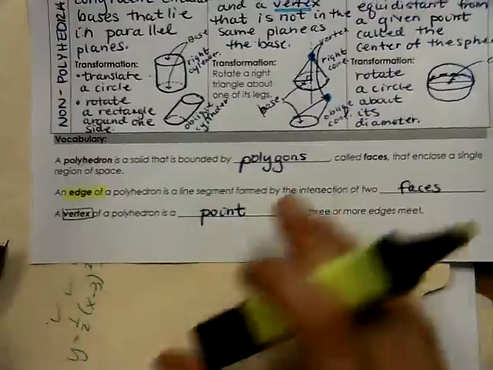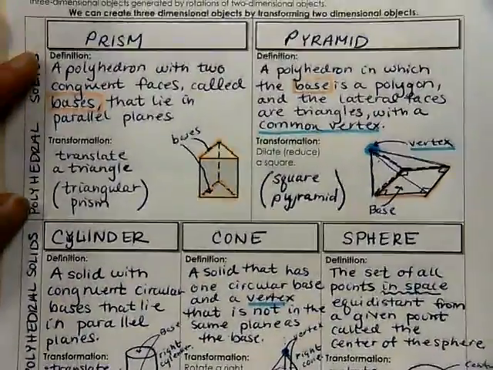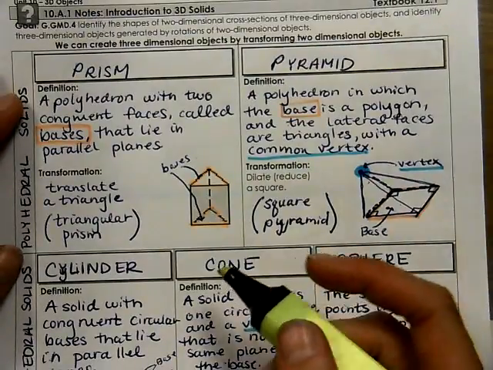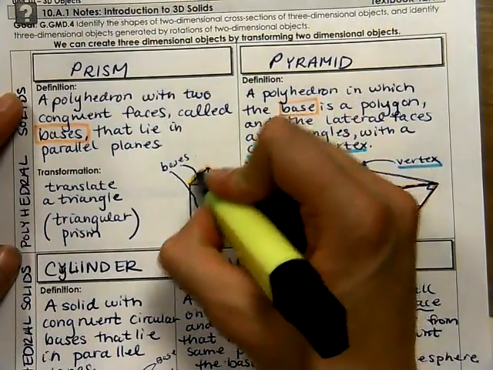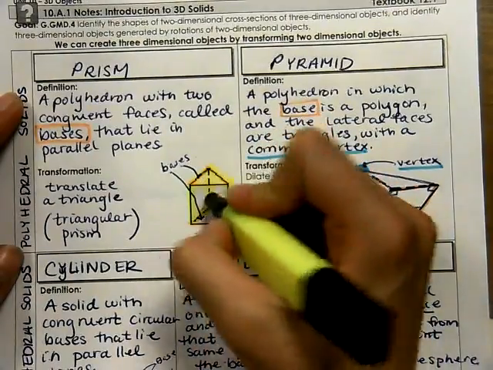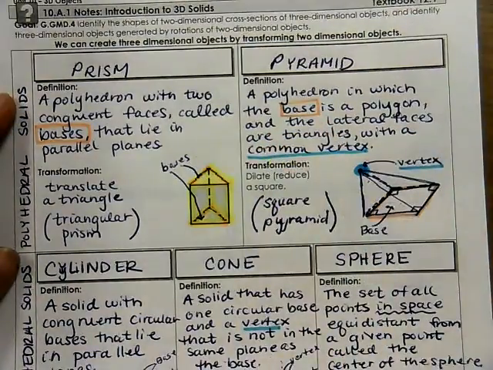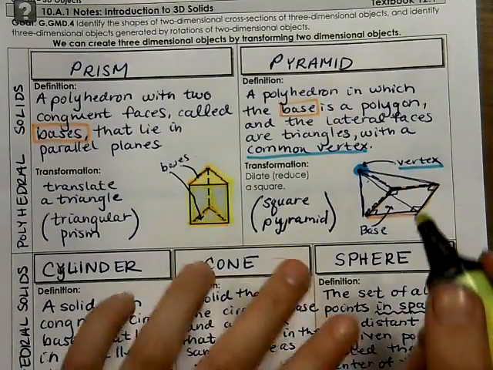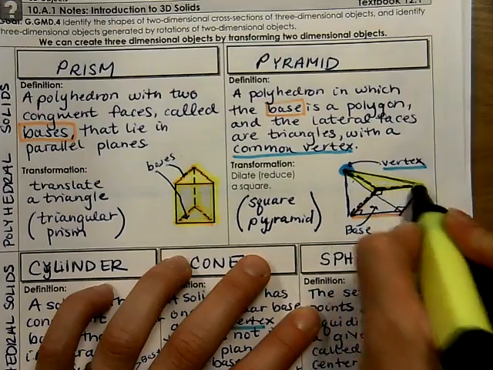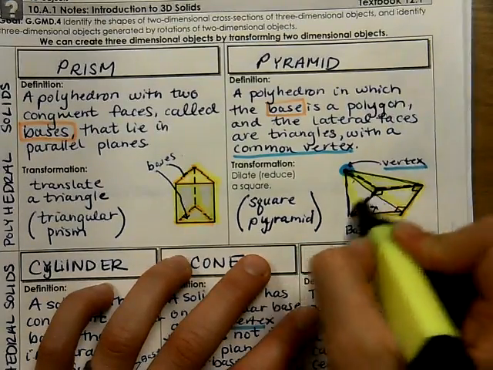So when I go back to these polyhedrons, we only talk about edges and vertices of polyhedrons. So in this case, here's an edge, edge, edge, edge, edge, edge, edge, another edge, and another edge. All those things that I highlighted in yellow are all edges. Same thing over here. This guy where those two faces meet, that's an edge. This is an edge, edge, edge, edge, edge, edge, edge.